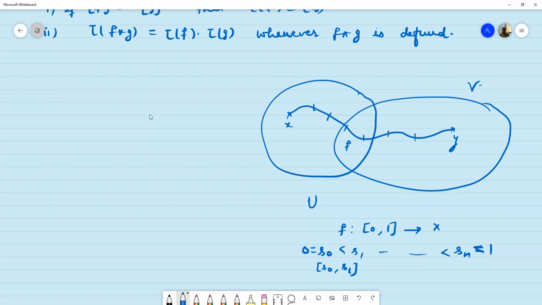We take the images of all the subintervals, chosen in such a way that the image of every subinterval lies completely in either U or in V. For example, this completely lies in U, and this completely lies in U. Now this particular portion lies in U as well as in V. Similarly, this lies in V, this, and so on, they lie in V.